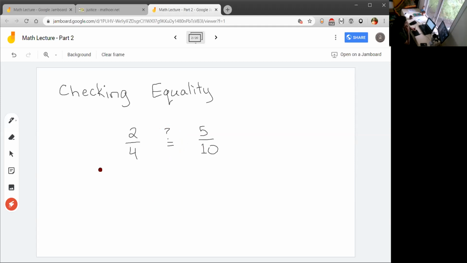But you've probably been taught this bizarre thing where one way, if you can't just see it, to check if a proportion is true, if the ratio really is equal to the other ratio, is I'm going to take one diagonal and multiply it. Let me see if I can draw that better.